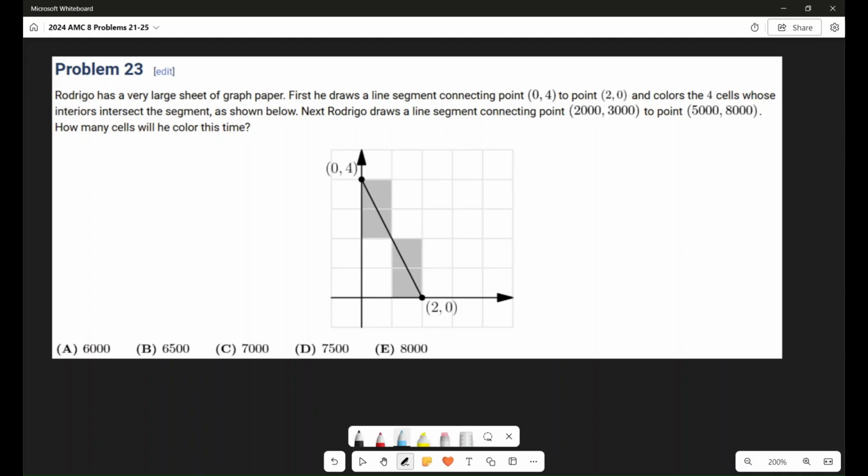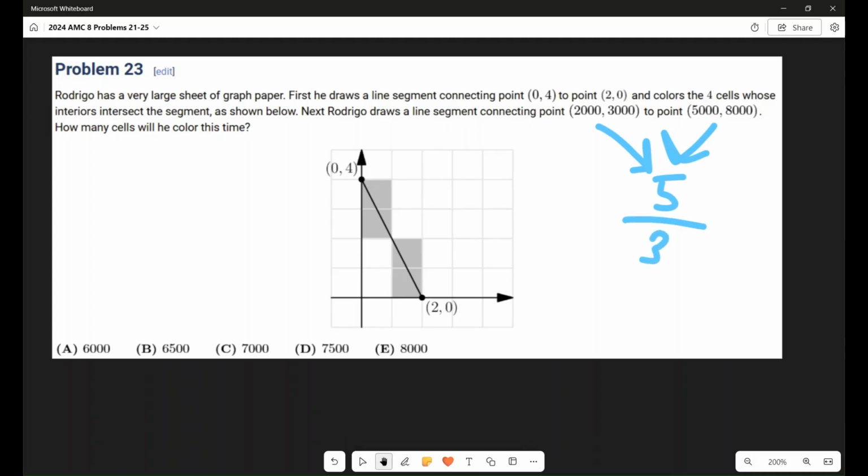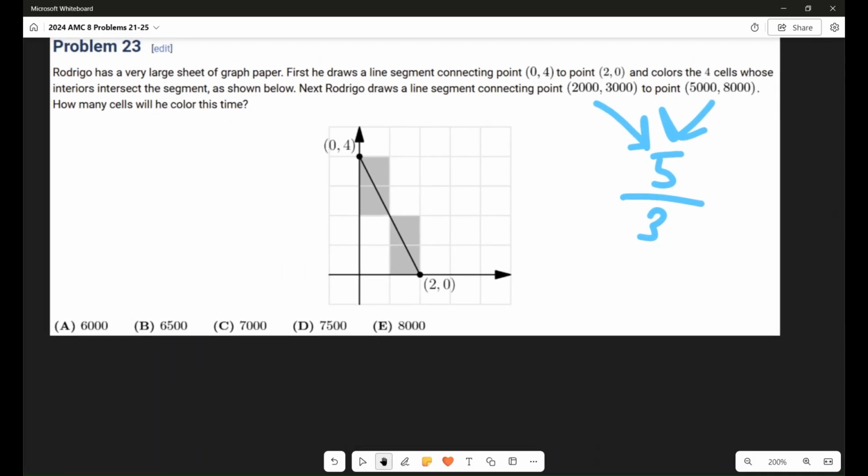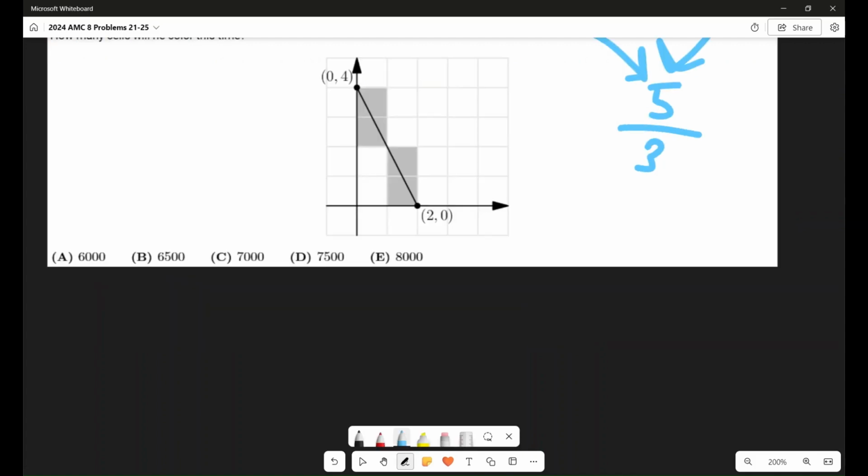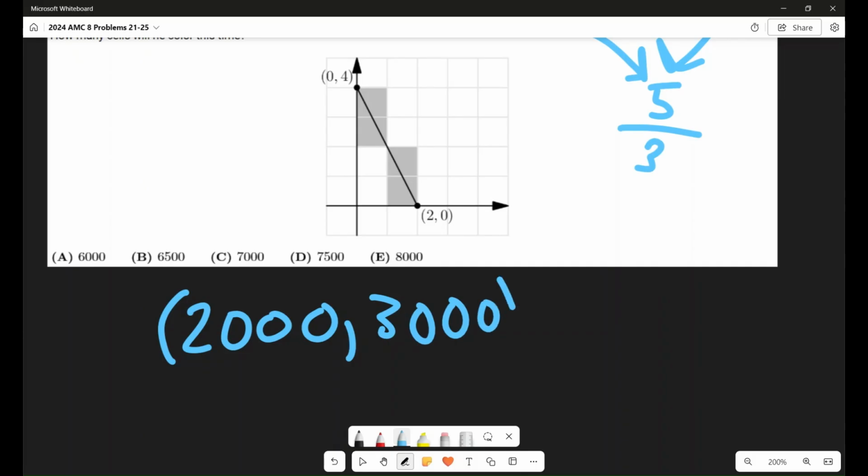Well, the first question that comes to mind is, what is the slope of the line that connects those 2 points? And that's easy to find. That's just 5,000 over 3,000, which is 5 over 3. So instead of thinking of the whole line from one point to another, we can just think about the line that goes from (2,000, 3,000) to (2,003, 3,005).